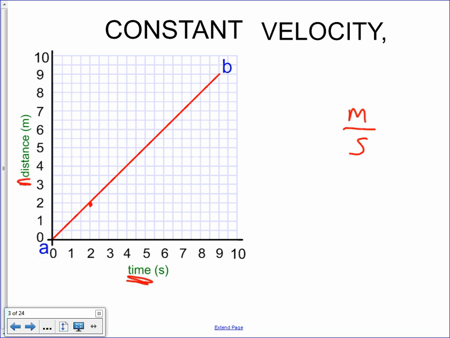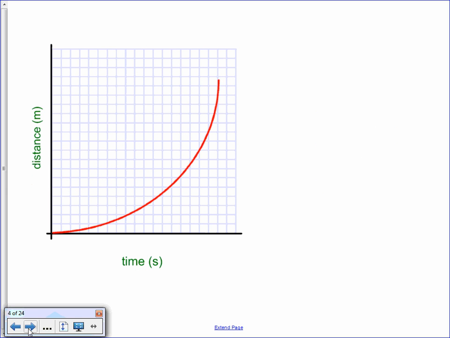This would be 2 meters starting from here. So from here to here, we've gone 2 meters in 2 seconds. Or really, that's just 1 meter per second. So not so bad. Oh, what's going on here? In this displacement versus time graph, our slope is changing.